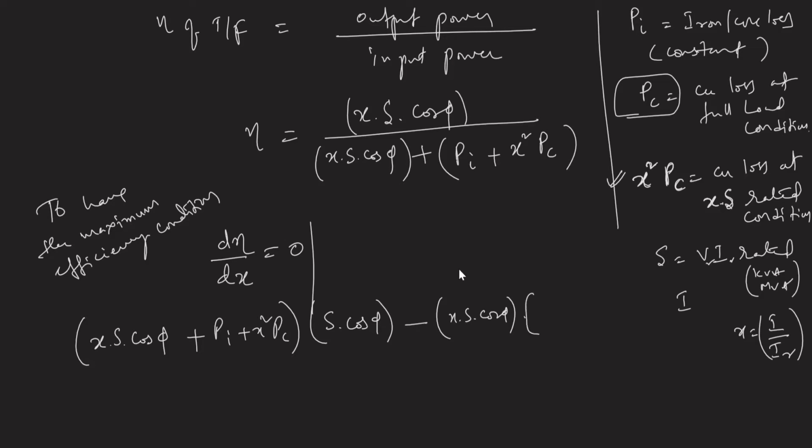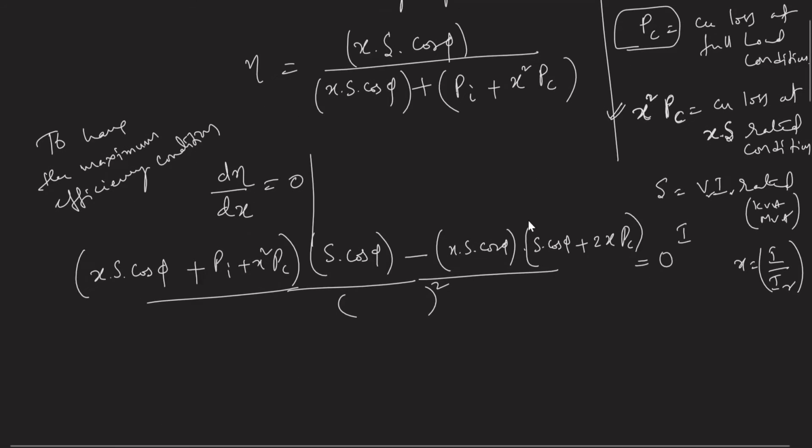Derivative of the denominator will come to S cos phi plus 0 plus 2 times X into Pc, divided by the entire denominator square, equals 0. That is what we get.